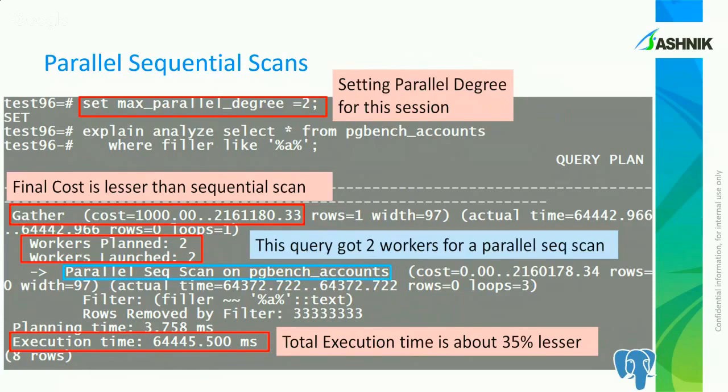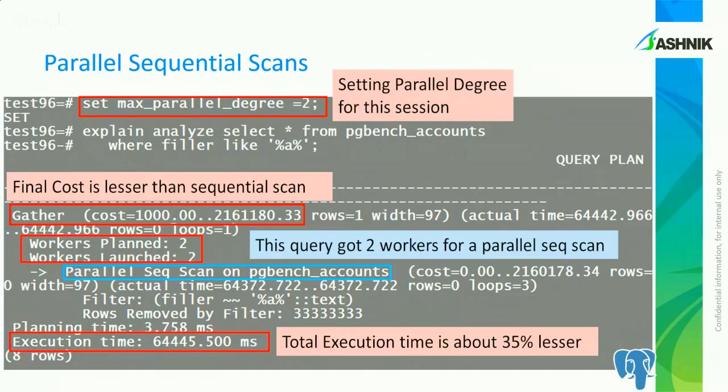Because my max parallel degree is 2, it cannot use more than 2 parallel workers. And it could actually launch both of them because resources were available, and we will get into more details of that later on.